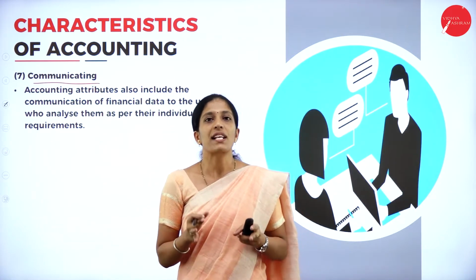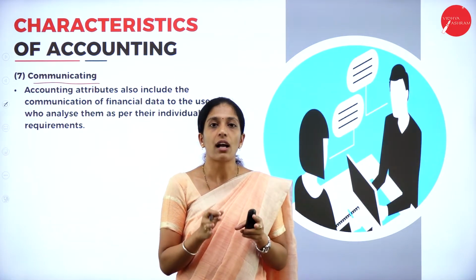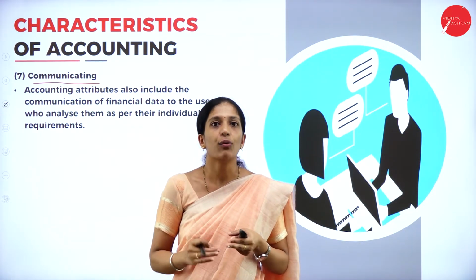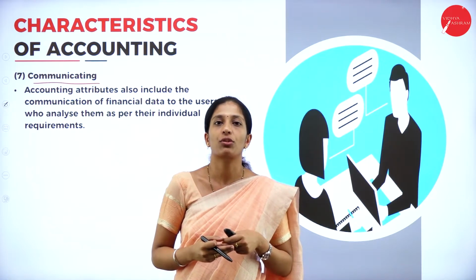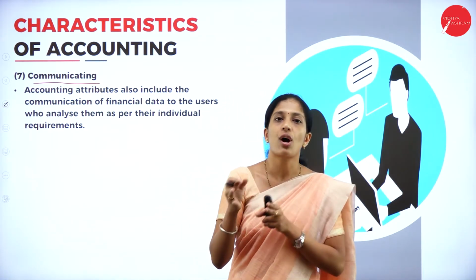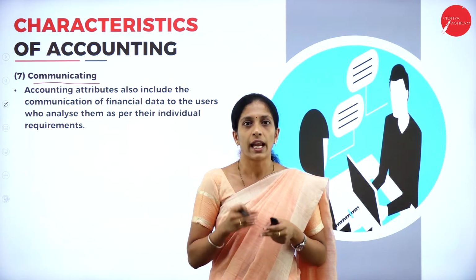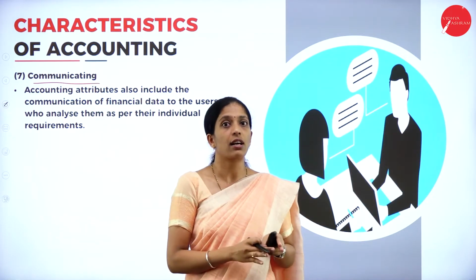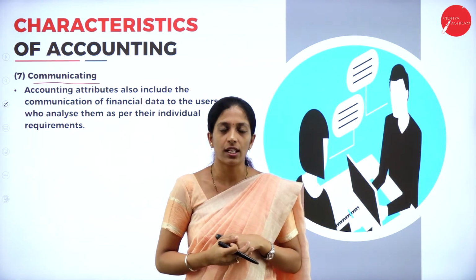So we have presented the accounting information in the form of the trading and profit and loss account. Now we have to communicate the information to the respected users. It may be internal users or external users of accounting information. You are going to learn later who the internal users and external users are.